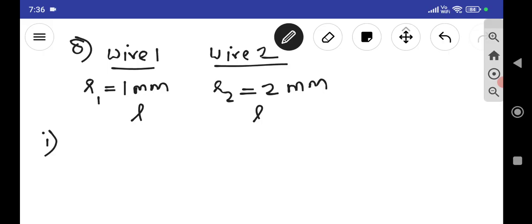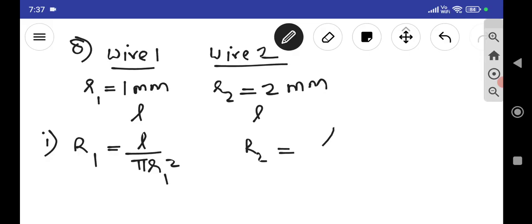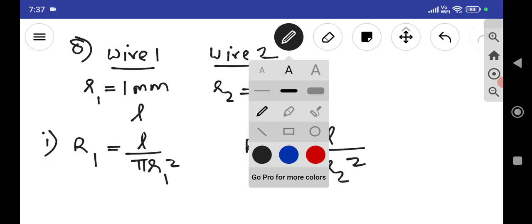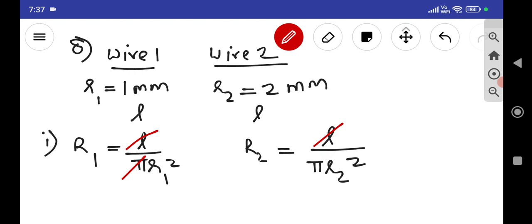Now in the first question, they are asking to compare their resistance. So if you write R1 is equal to L by pi r1 square and R2 is equal to L by pi r2 square. So length is the same, pi you can cancel out.